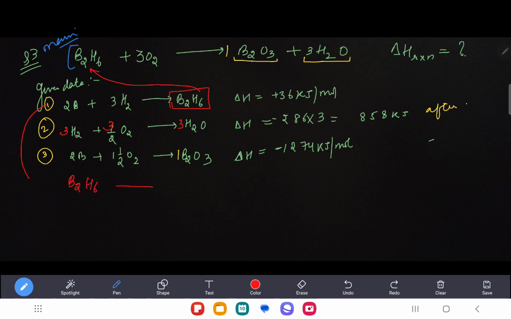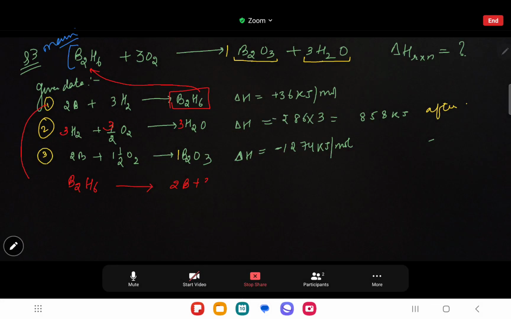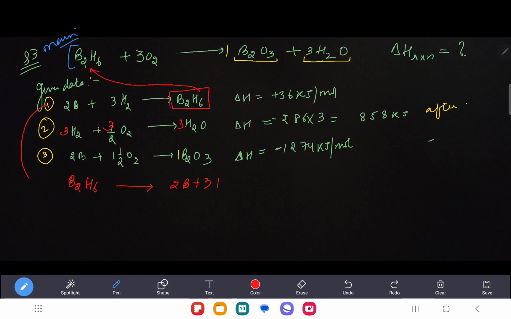So B2H6 comes here and it gives me 2B plus 3H2. And because I've reversed the equation, my delta H also becomes minus 36 kilojoules per mole. And now this is my 1 dash equation. Why 1 dash? Because that's the reversed, the modified equation. And that is also my 2 dash equation.